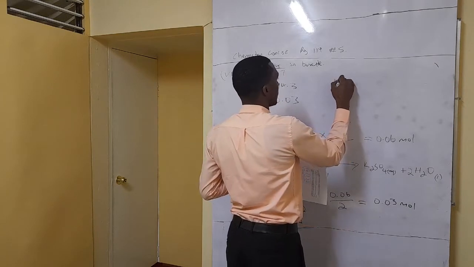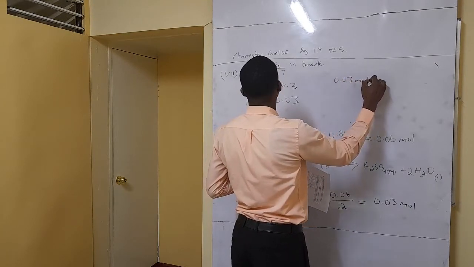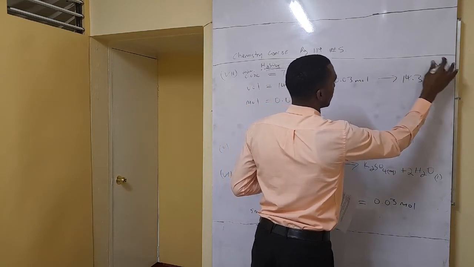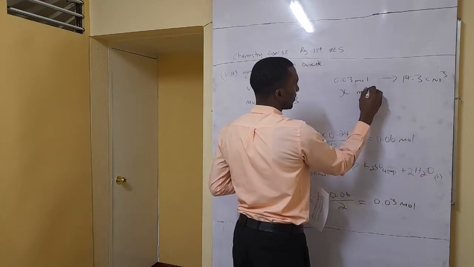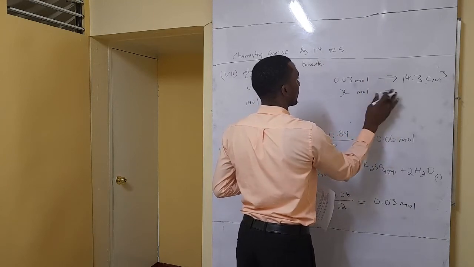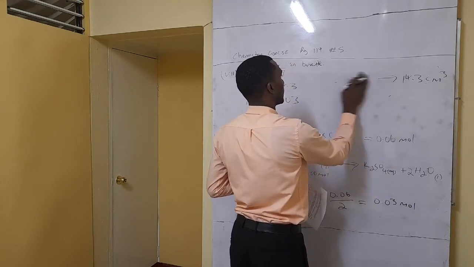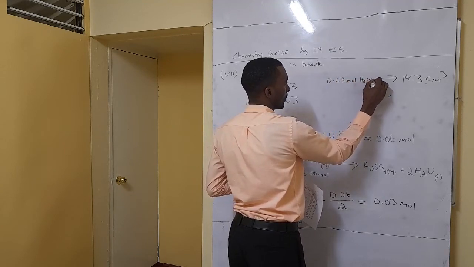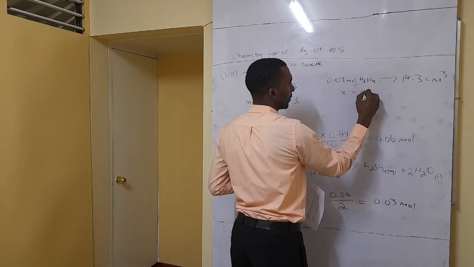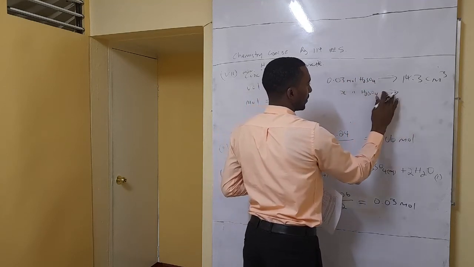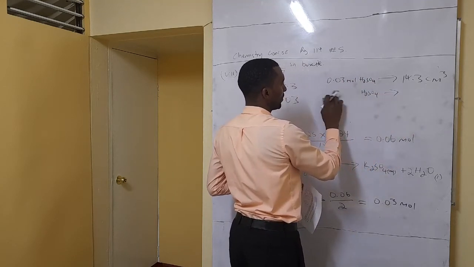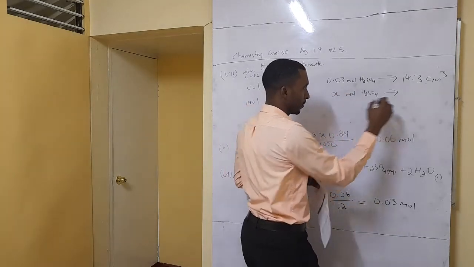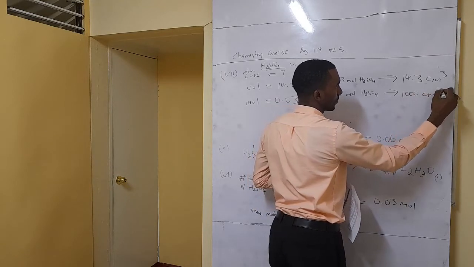So 0.03 moles is in 14.3 cm3. So X moles in how many cm3 when we want concentration? 1,000 cm3.